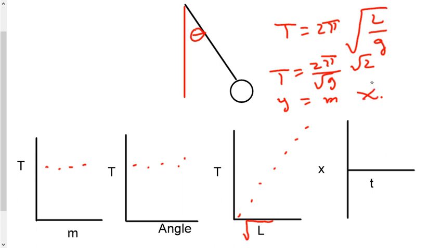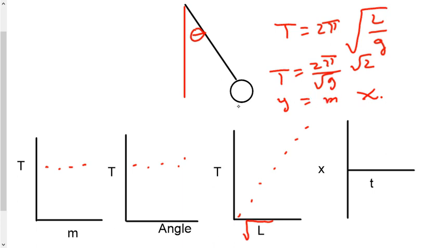So x this time is the square root of L. M is going to be the slope, 2 pi over the square root of G, and T is our y. So 2 pi divided by the square root of G is going to be equal to our slope, and then you can use your slope to figure out gravity acceleration. Okay, so if you were on an unknown planet and wanted to figure out the gravity acceleration, just whip out your handy-dandy pendulum and you can do it.